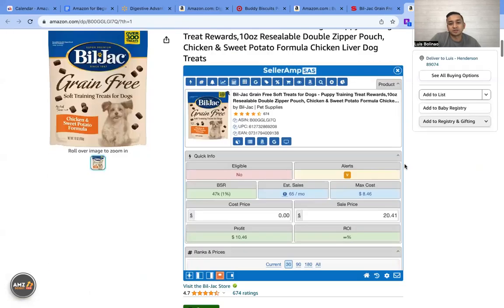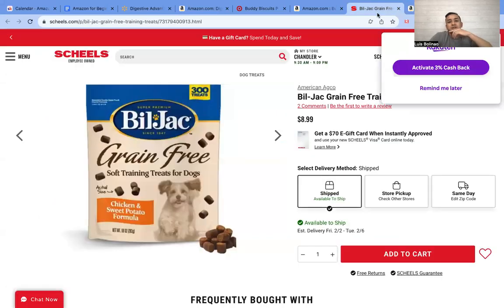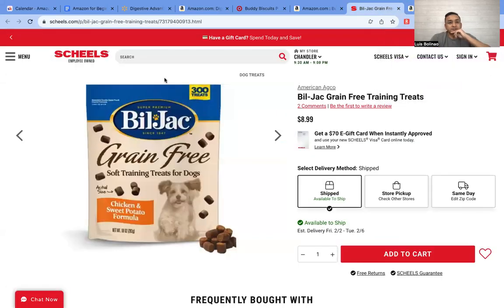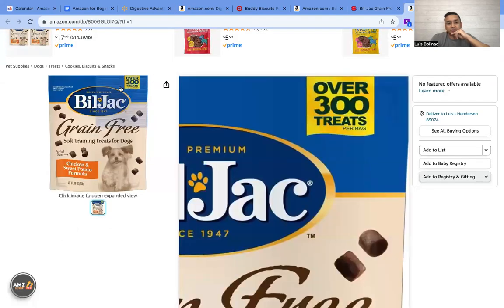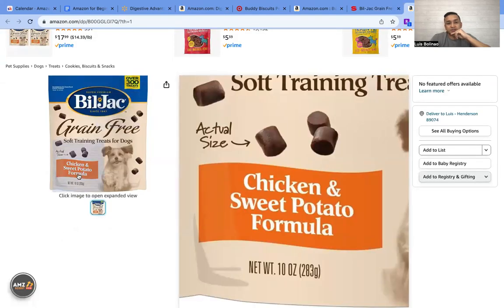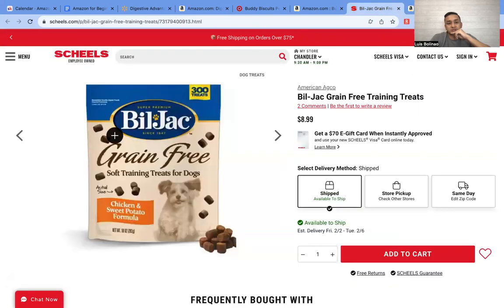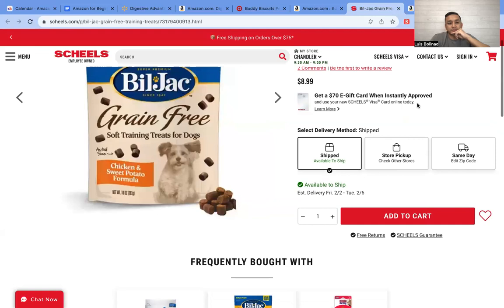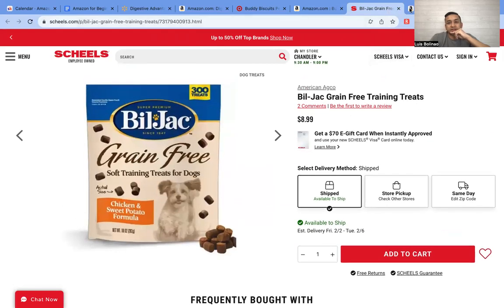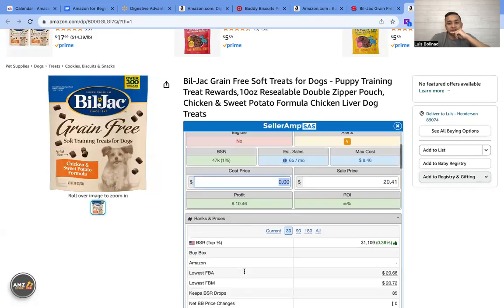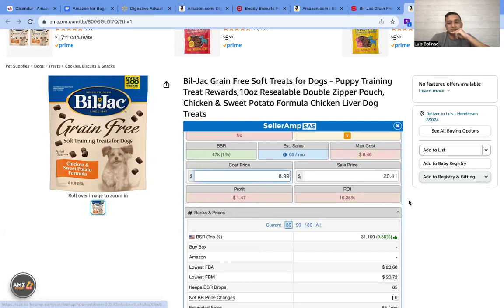Okay, so this is the next product. It's from shields.com, another popular supplier. This one is $8.99, 300 treats, chicken and sweet potato formula. It's the same, so $8.99 is the cost.